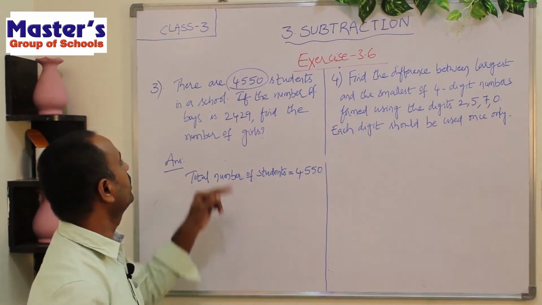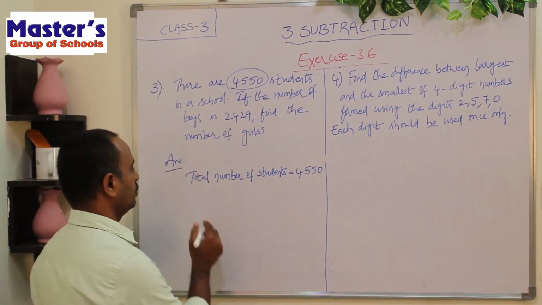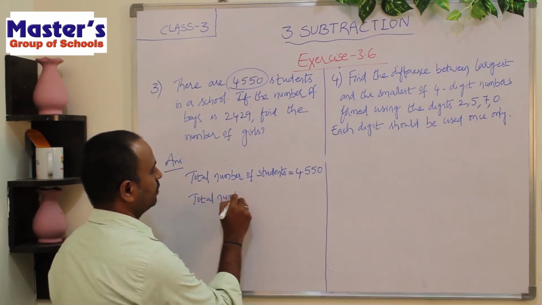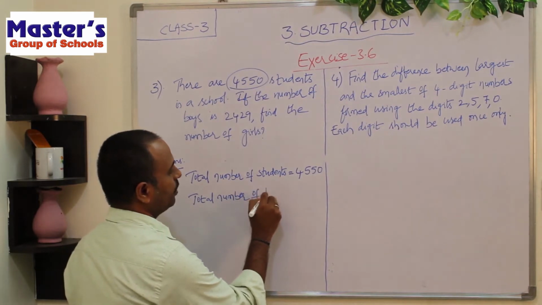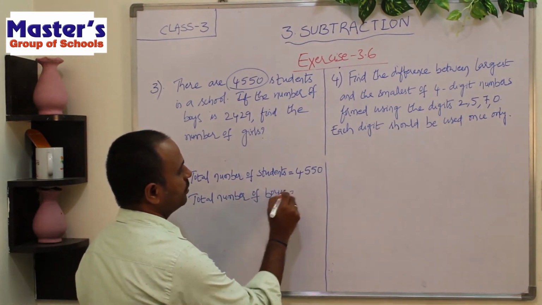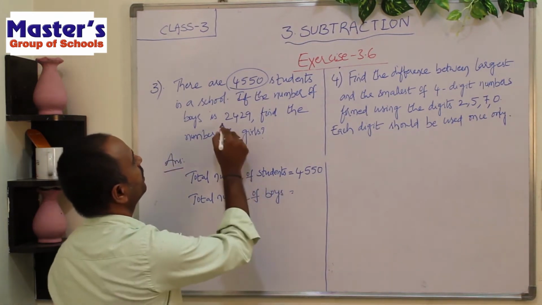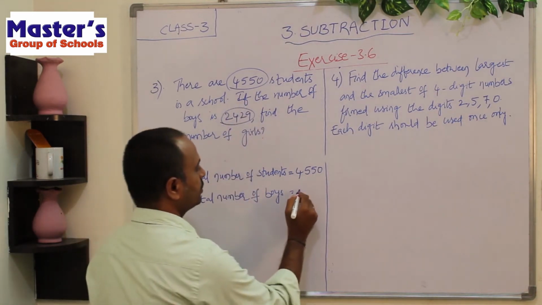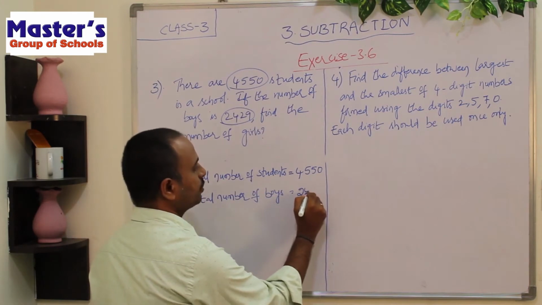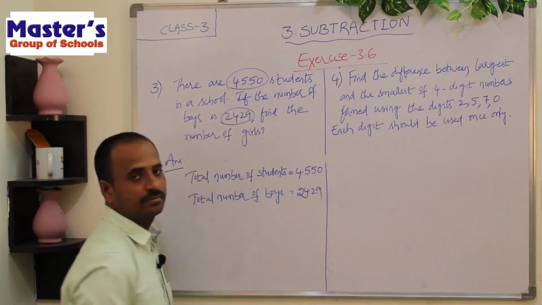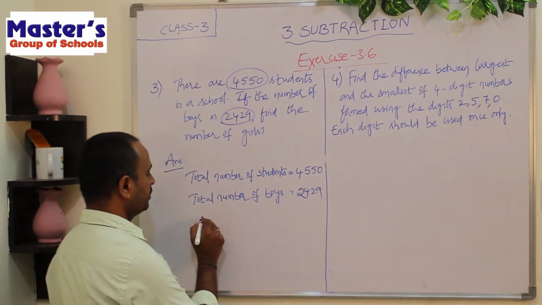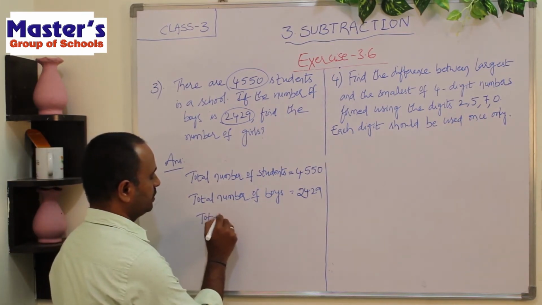They have given the number of boys. Children, how many boys are there? 2,429 boys. So the total number of boys is 2,429. Now what do we have to find in this problem? We have to find the total number of girls.